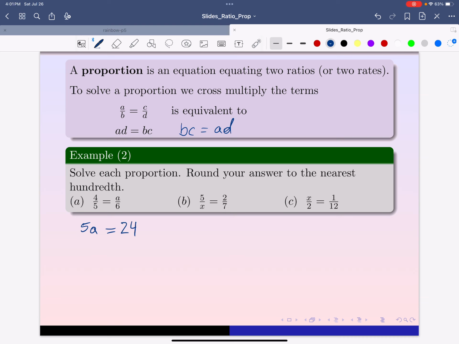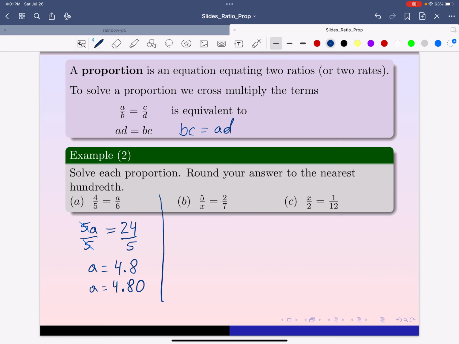Now we can solve for A. We divide by 5, and this cancels out. So A is equal to, if we type in the calculator, 24 divided by 5 is 4.8. To the nearest hundredth, we need 2 decimals. So A would be 4.80.